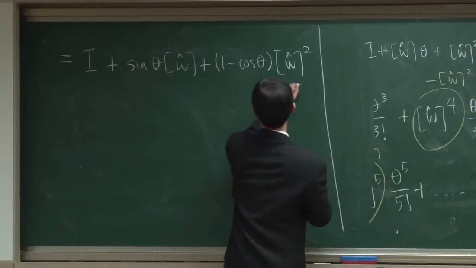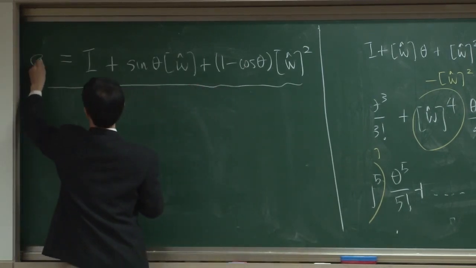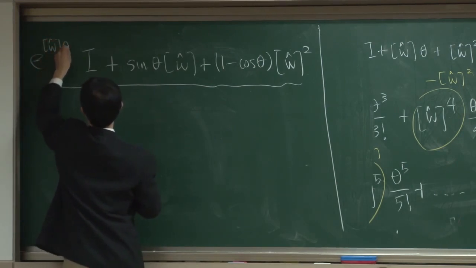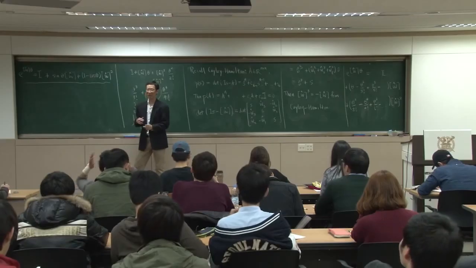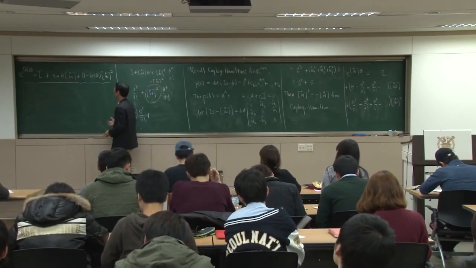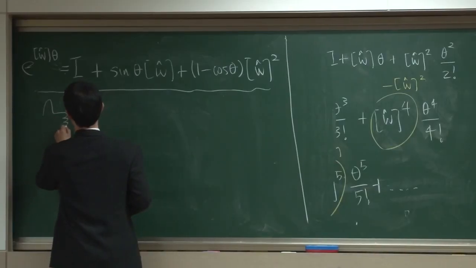Here it is. So let's write it: e to the omega hat theta is that. So there's our formula. And it's such a nice formula that we're going to put a box around it, all right, there you go, like that.